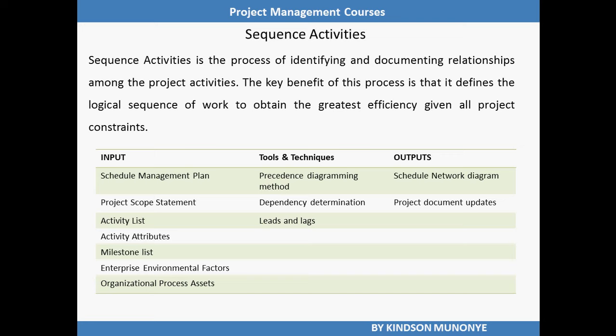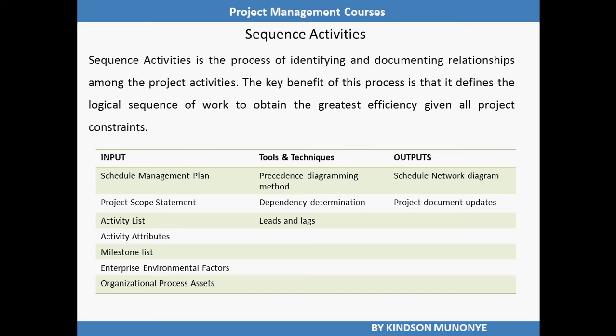Let's now take a look at the ITTOs of the sequence activities process. For the input, we have the schedule management plan. Now remember, the schedule management plan is the output of the plan schedule management process. Project scope statement, activity list, activity attributes, and milestone list. Remember these three items, they are outputs of define activities.